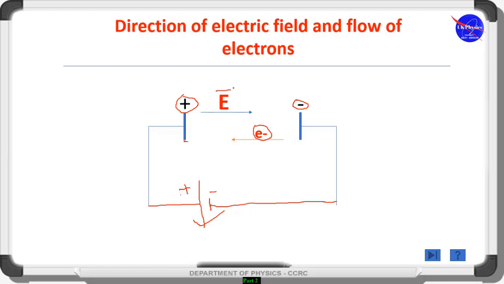But the electric field is a vector. The direction of the electric field is always from positive to negative terminal.